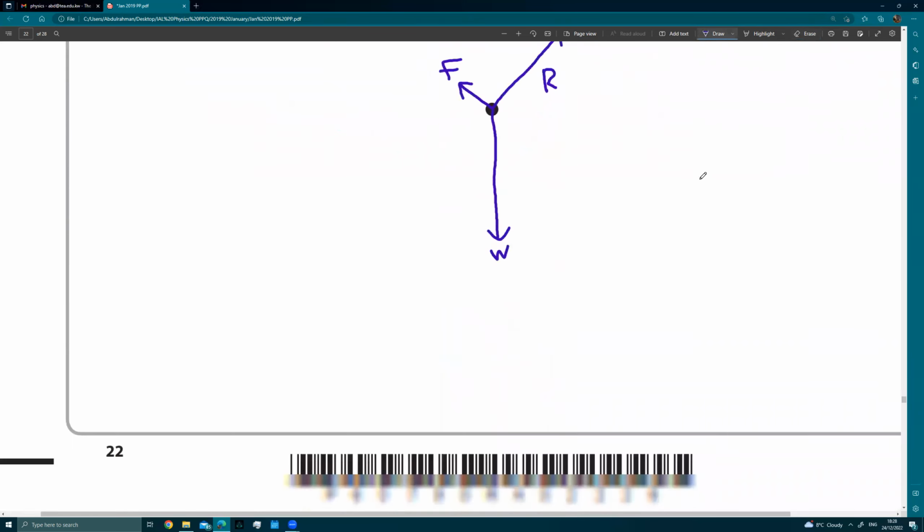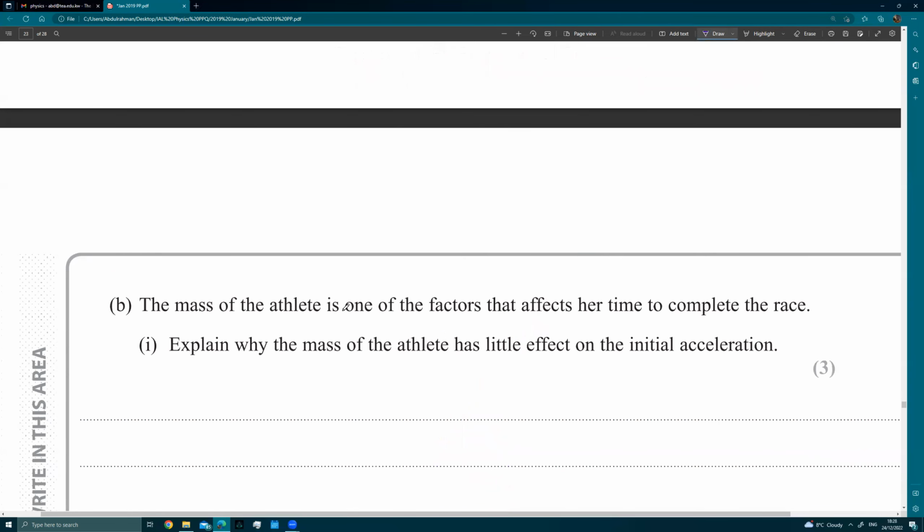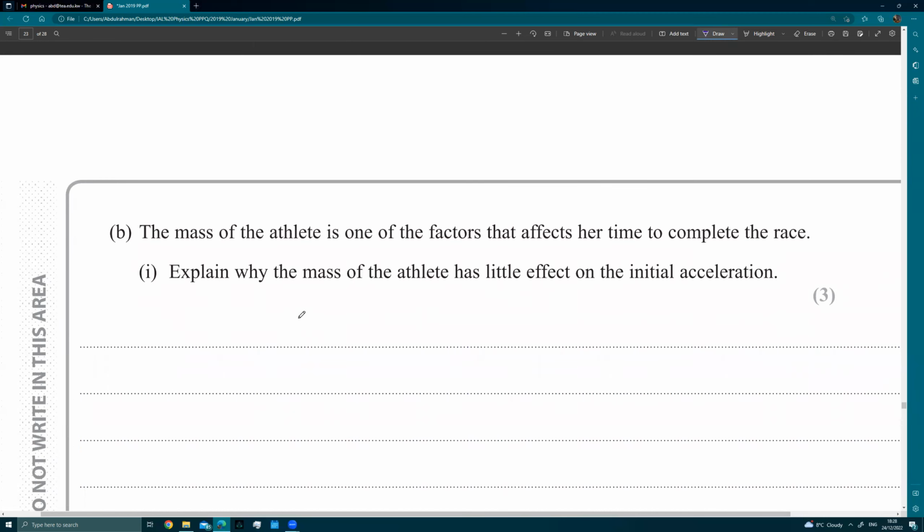Okay, now it says the mass of the athlete is one of the factors that affects her time to complete the race. Explain why the mass of the athlete has little effect on the initial acceleration. Okay, so what is the equation for acceleration? Because we're trying to work out the effect on the acceleration. So acceleration from Newton's second law is the resultant force acting on the object over the mass.